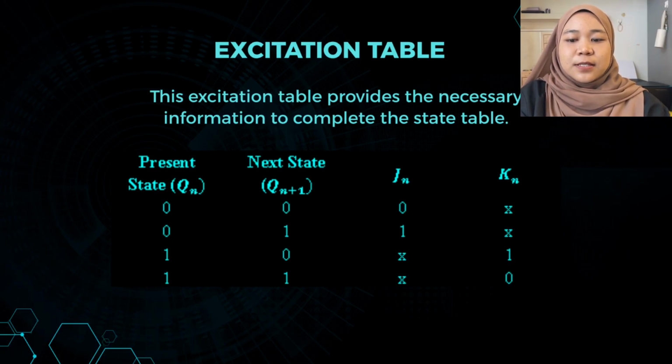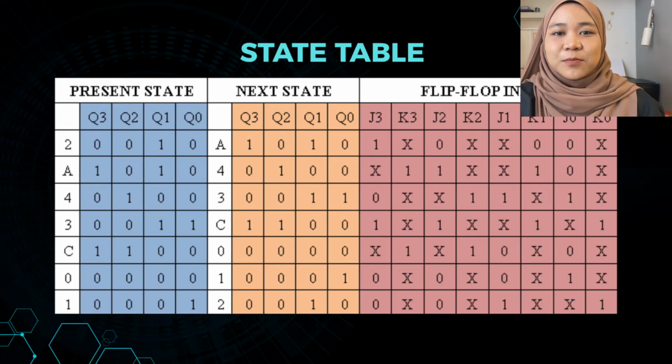As you can see from the table, for a given present state Qn and next state Qn+1, it specifies the necessary JK input. For example, if the present state is 0 and the next state is 0, J is 0 and K is X.